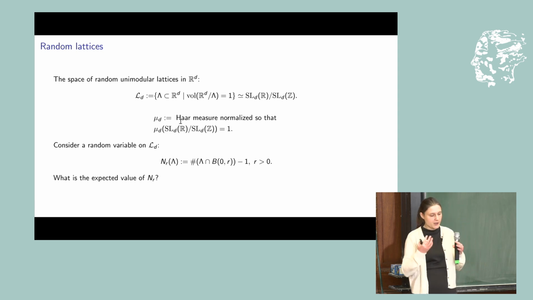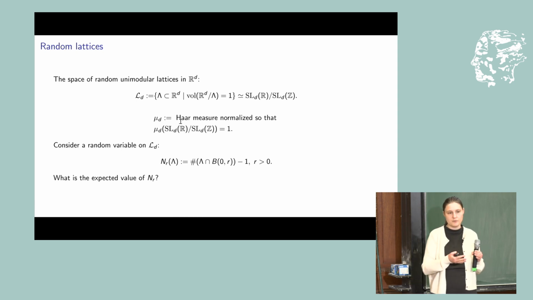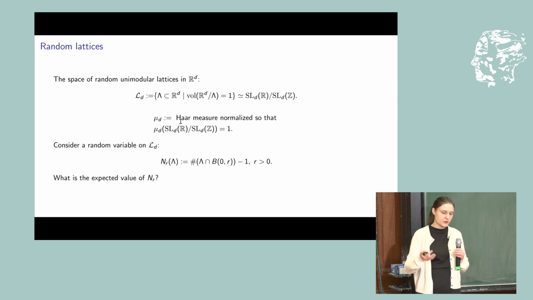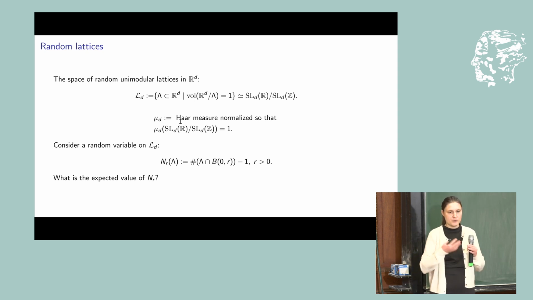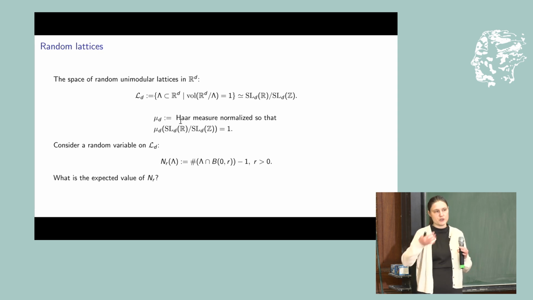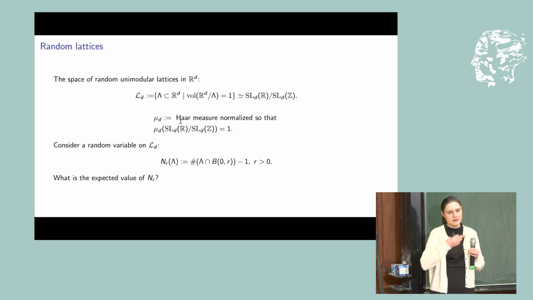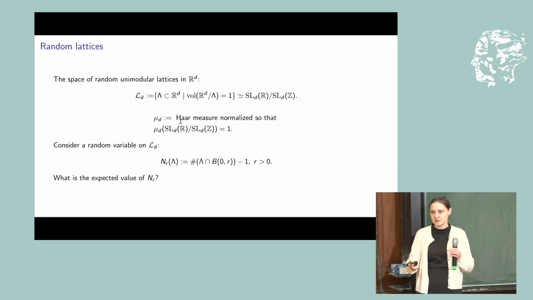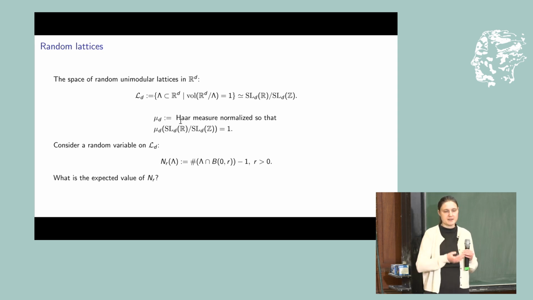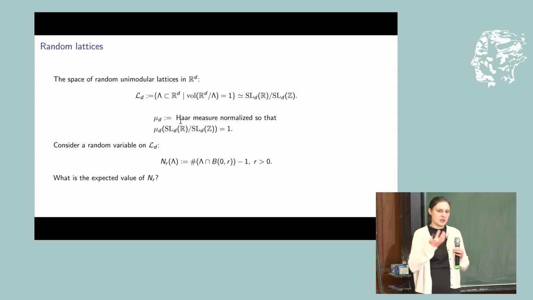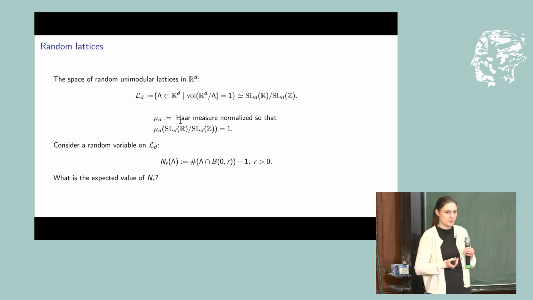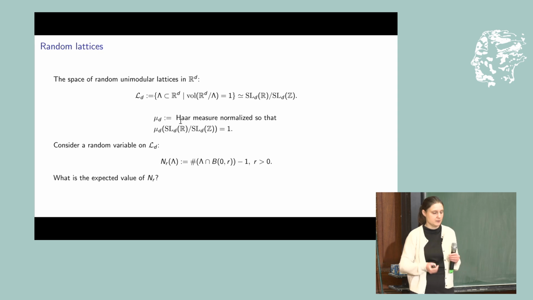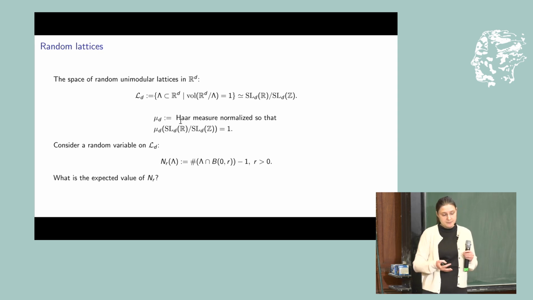And so actually we can think of a space of lattices as this quotient of the group SL_d(R) by its discrete subgroup SL_d(Z). And so we can think of SL_d(R) as a group which gives us a basis for our lattice, and SL_d(Z) takes care of the fact that one lattice can be spanned by actually many different bases. So the action of SL_d(Z) tells us, okay, but we can make an integral change of basis in our lattice, and the lattice will stay the same.